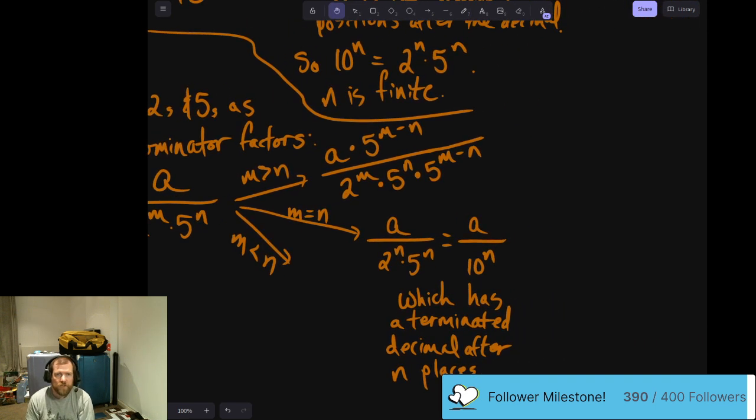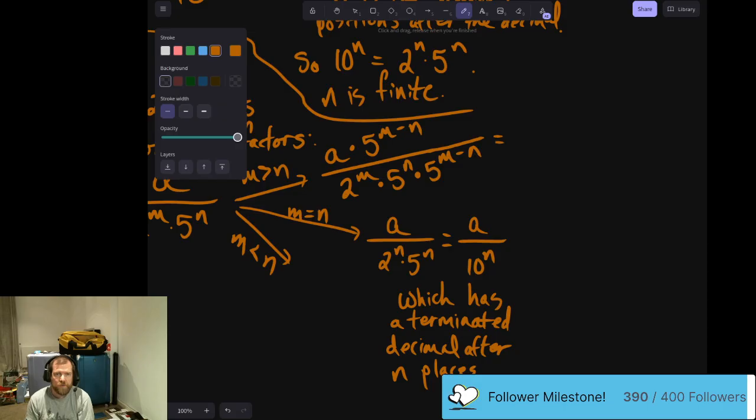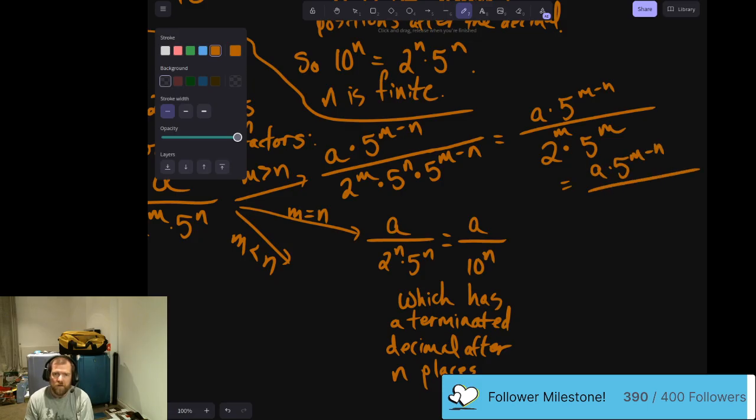Through multiplication, we add their exponents, so that's going to be a times 5 to the m minus n over 2 to the m times 5 to the m, which is a times 5 to the m minus n all over 2 times 5, or 10 to the m.